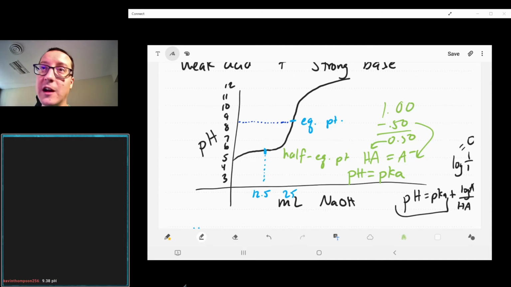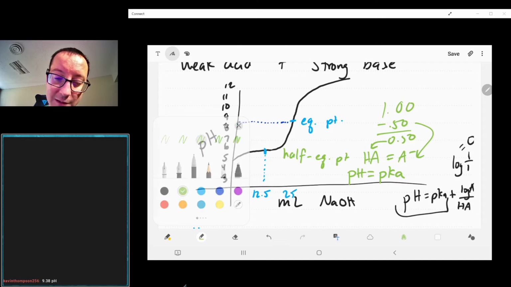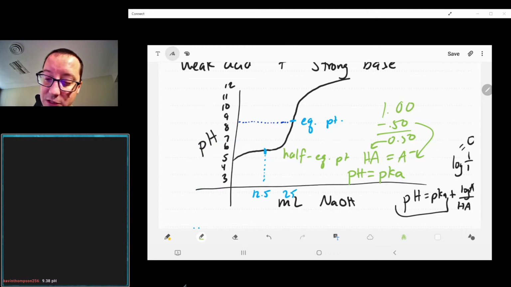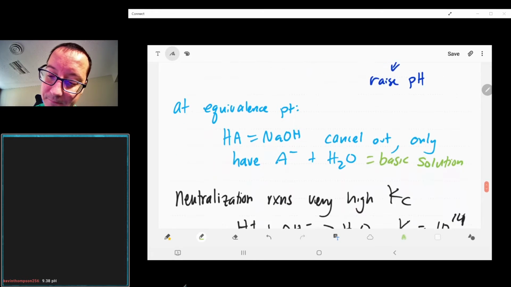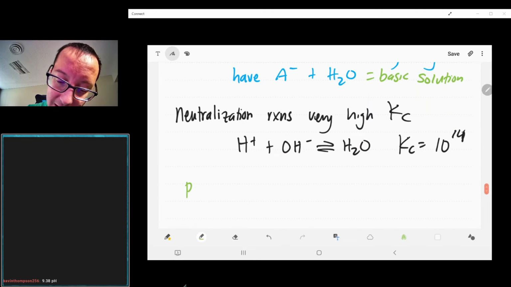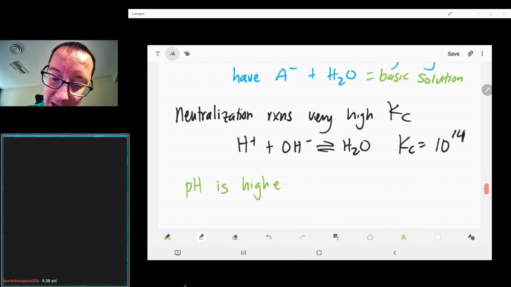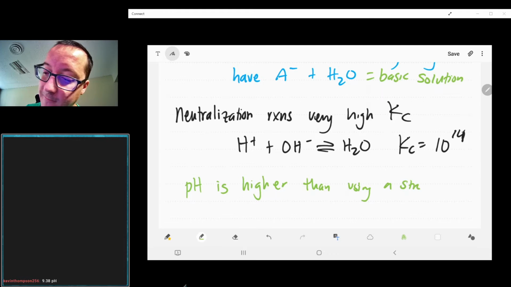So, another important figure to add in there. We'll do some math of these titrations in a little bit. But just one more thing to look at here is that also in a weak acid titration, we're going to see that the pH is, relatively speaking, higher than if we were using a strong acid.